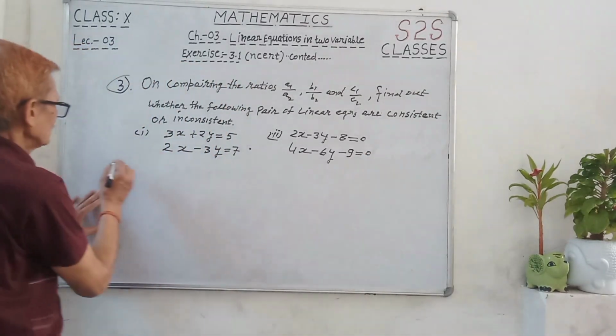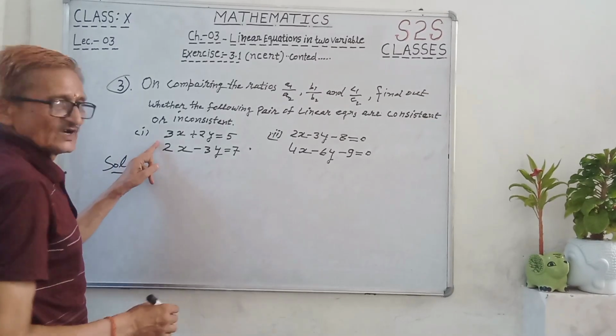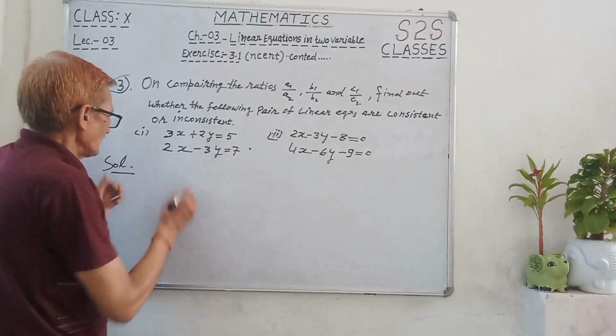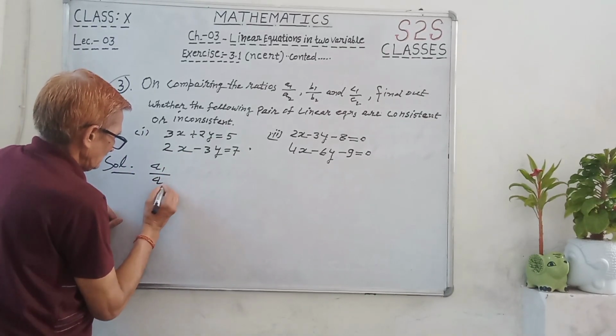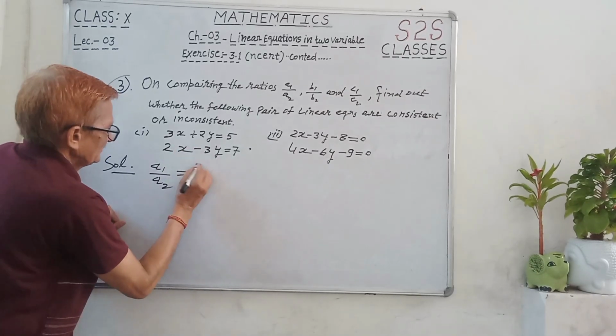Now the solution. In the first part, the first equation is 3x plus 2y equal to 5. Now A1 upon A2 we have to find. So 3 upon 2.